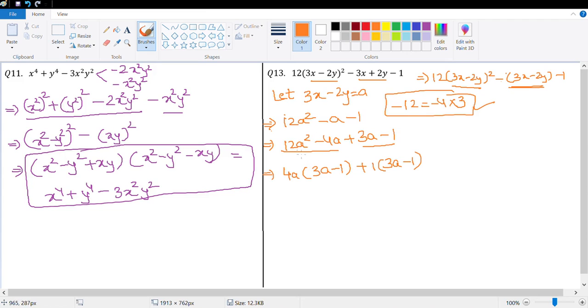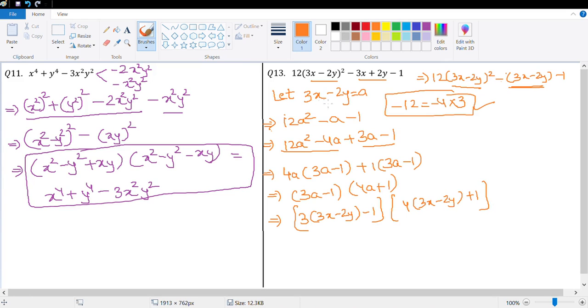So 3a minus 1 times 4a plus 1. Right? So that's correct. Let's substitute the value of a as 3x minus 2y. So this is 3 times 3x minus 2y minus 1 multiplied with 4 times 3x minus 2y plus 1.